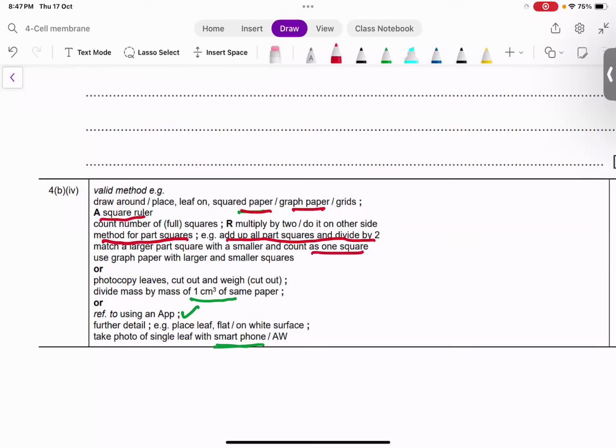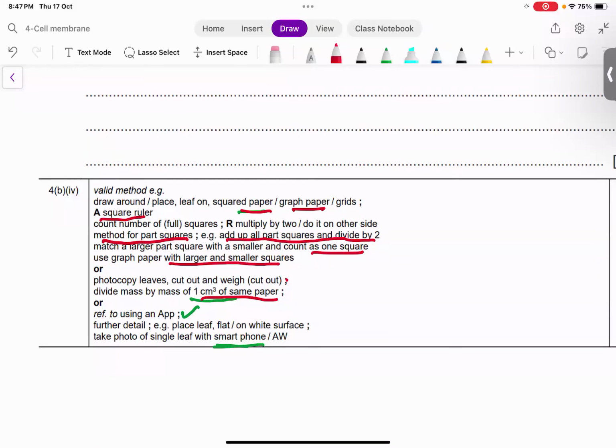Or we have decided we will take more than half, and less than half will not be counted. Use graph paper with larger and smaller squares, or photocopy leaf, cut out and weigh or divide by mass of 1 centimeter square of same paper. Or reference to using an app, or further detail, place leaf flat on white surface, take photo of single leaf.